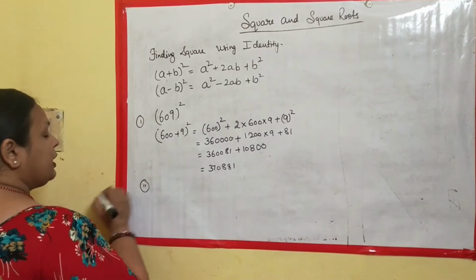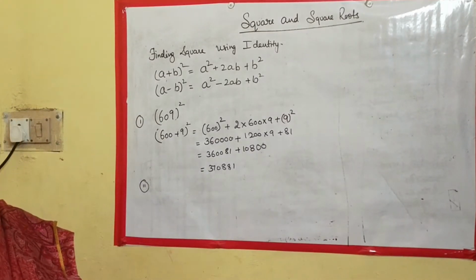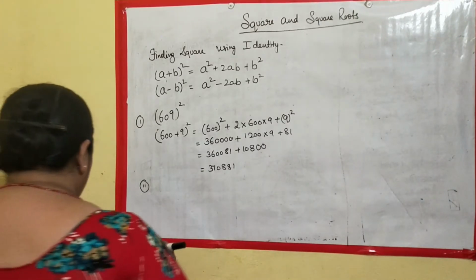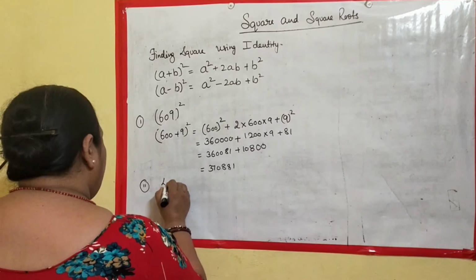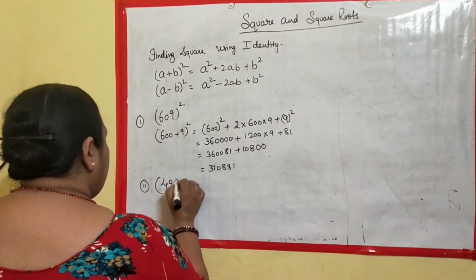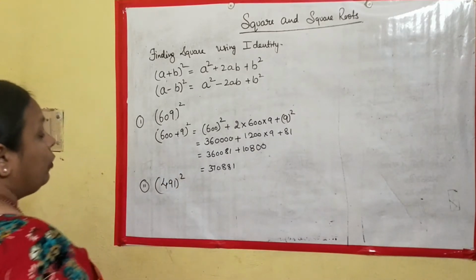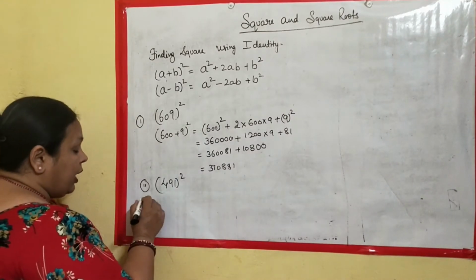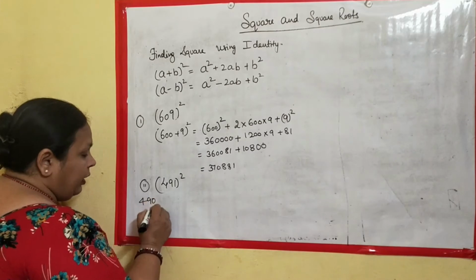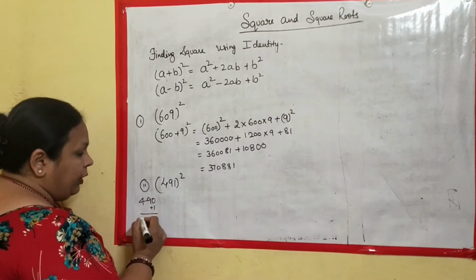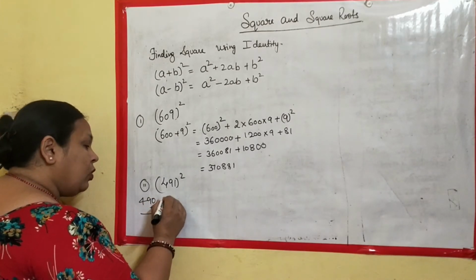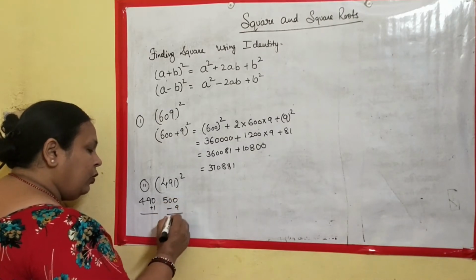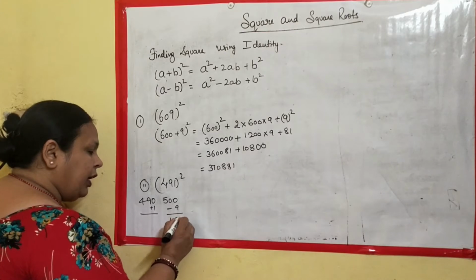Let's take the second example of a number in which the identity can be used. We take the number 491 square. Clear? Now 491 can be written as 490 plus 1, and you can also write it as 500 minus 9, and you will get 491 only.